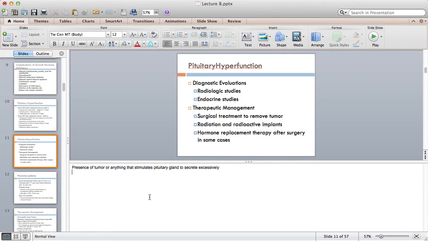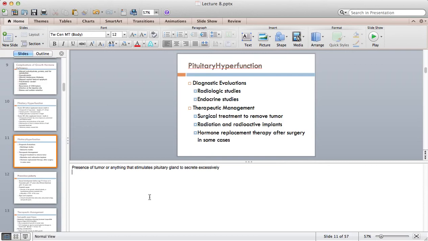And one thing that happens most often is that once they remove it, depending on the extent of the tumor, the extent of involvement of the pituitary gland, they may take partial or all of the pituitary gland out in an effort to remove the tumor. And after that, they have to augment the treatment with hormone replacement at times, depending on what they did.